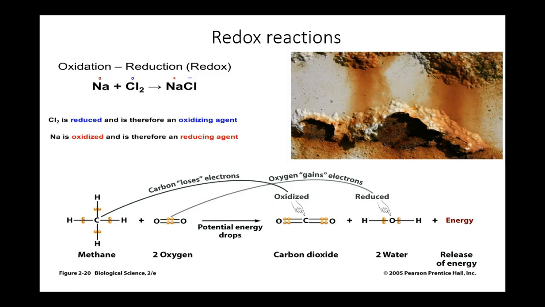So think of it as the chloride is something that can gain the electron. So reduction is gain. So chloride can gain that electron, gain that negativity, therefore it's an oxidizing agent. Remember, oxidizing is loss.